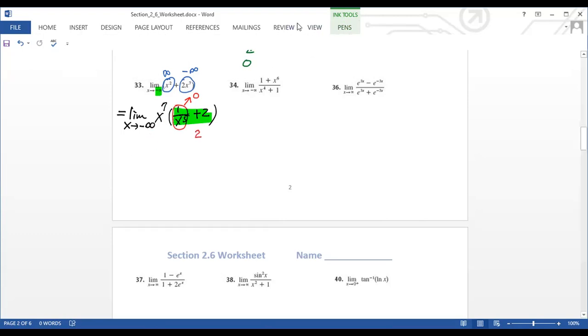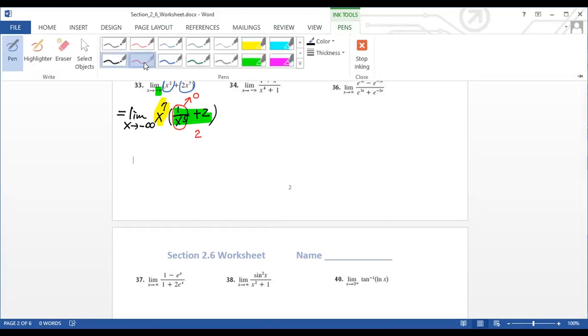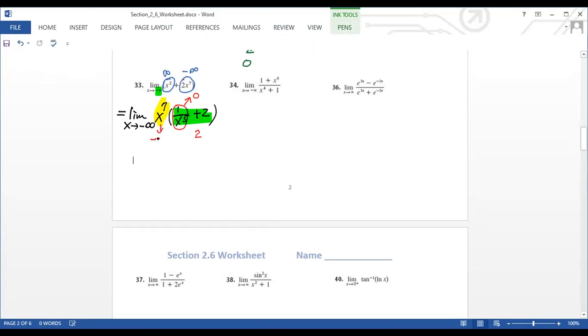Then you have x to the 7 approaching negative infinity, which is still negative infinity. So what is your final answer? The final answer will be negative infinity, because 2 times negative infinity is still negative infinity.